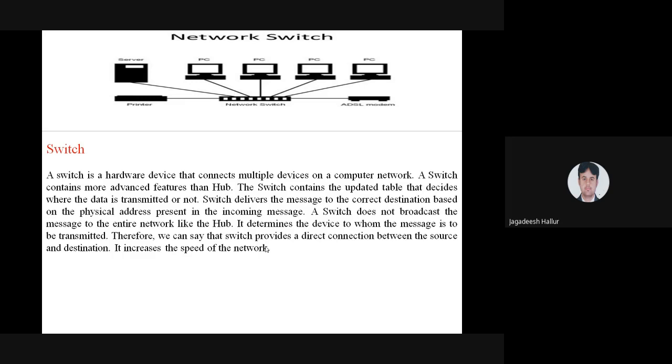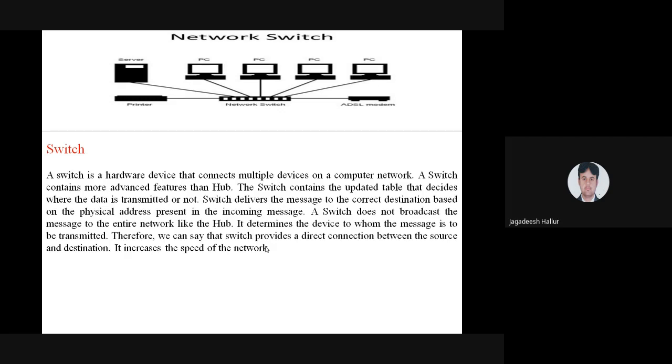This MAC address is located at port number 4, so directly we can send that information to PC4. This happens only once the table has been completed. At the initial stage, it has to broadcast to all the computers. This is the functionality of a switch.